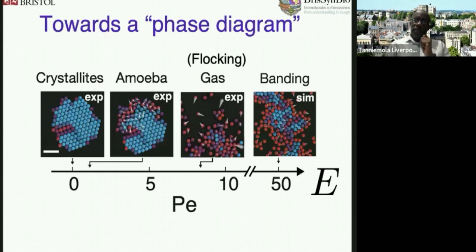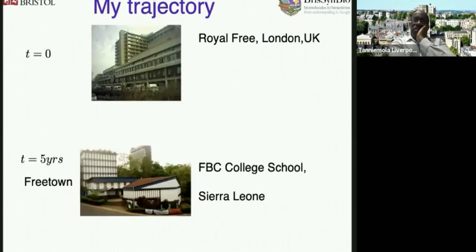So enough about research. Now I want to say a few words about my trajectory, highlighting some institutions where I could be found at some relevant moment in time. I'm going to start at birth and not at conception.